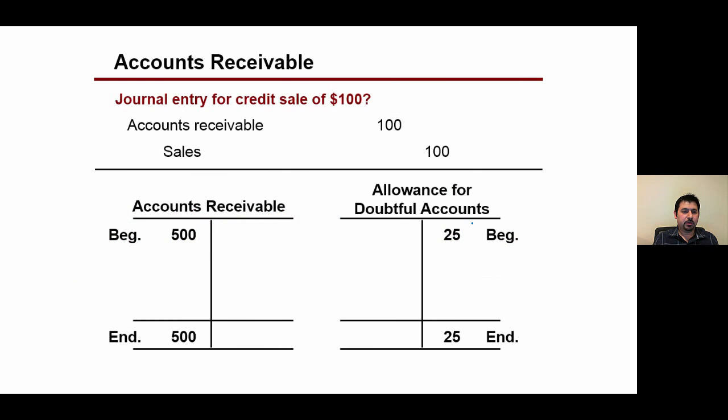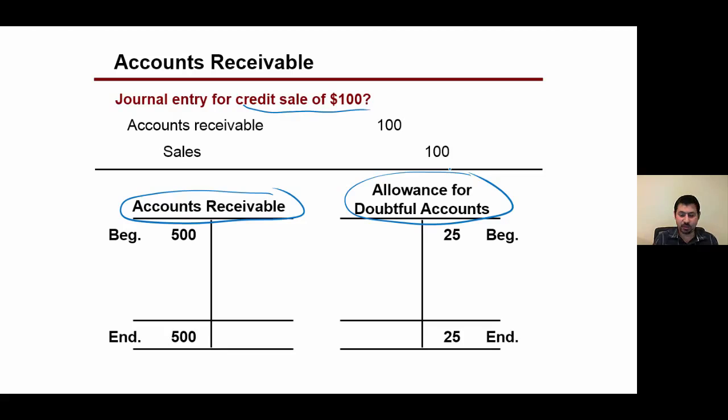So now the company made a credit sale. When the company makes a credit sale of 100, the company will debit accounts receivable 100 and credit sales revenue 100. At this point, we are only adding the changes to accounts receivable and allowance for doubtful accounts, simply because the screen doesn't fit more than those accounts.